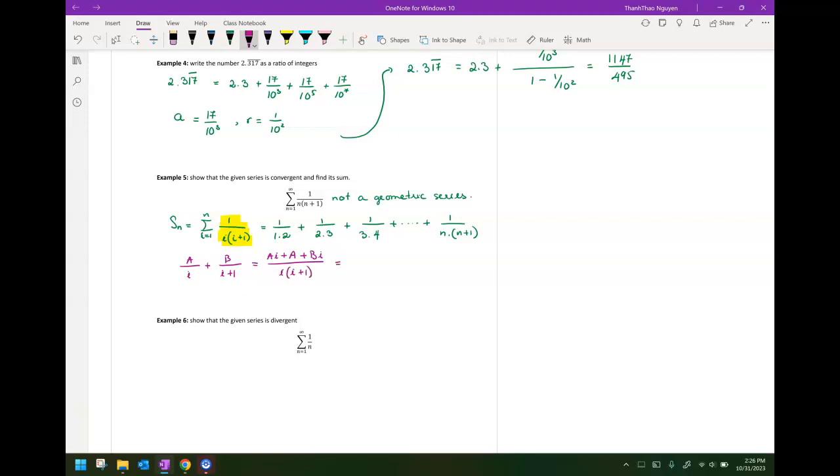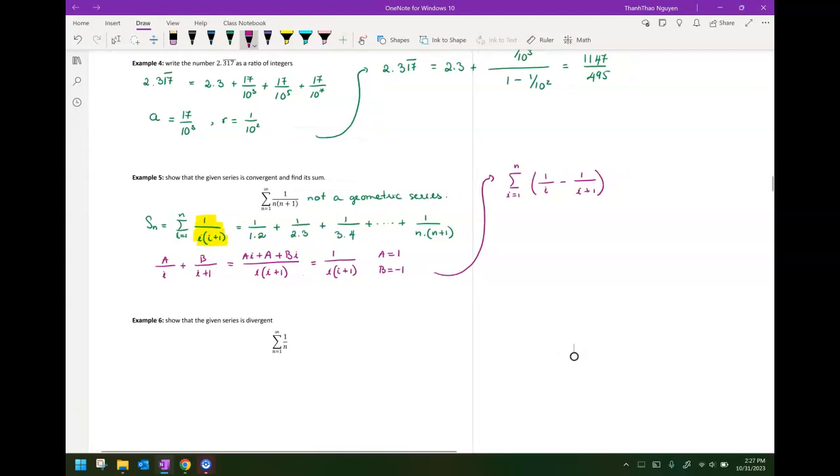This is equal to 1 divided by i times i plus 1. This means a equals negative b, so a equals 1 and b equals negative 1. So then the left hand side now becomes the sum from i equals 1 to n of 1 divided by i minus 1 divided by i plus 1.